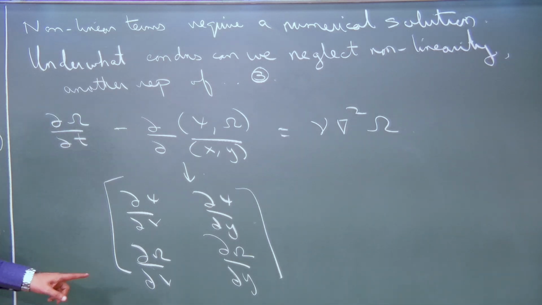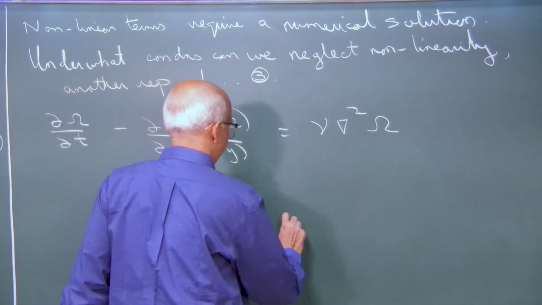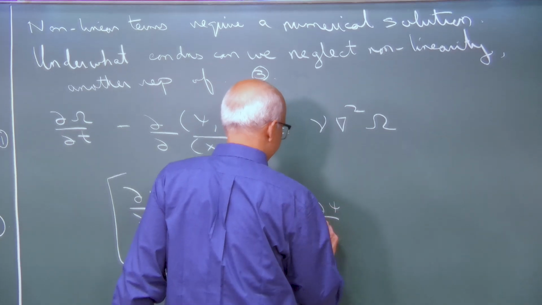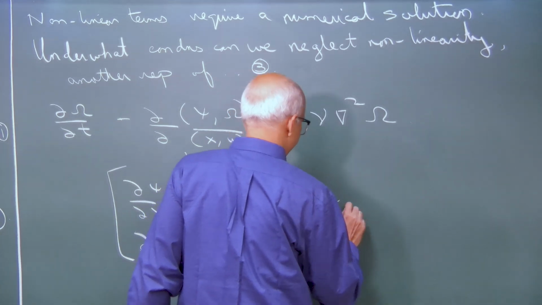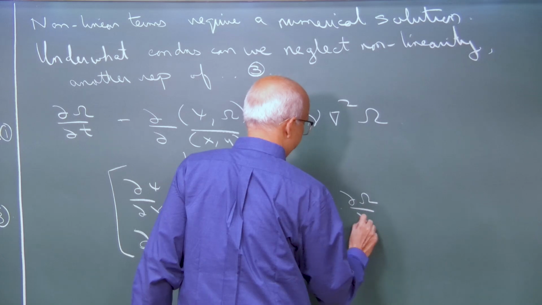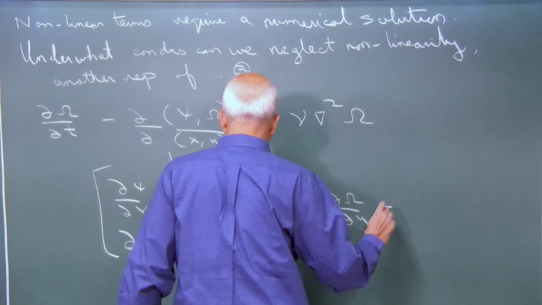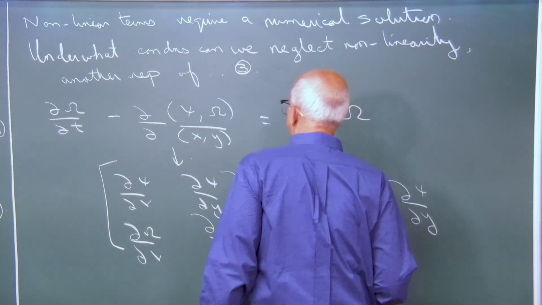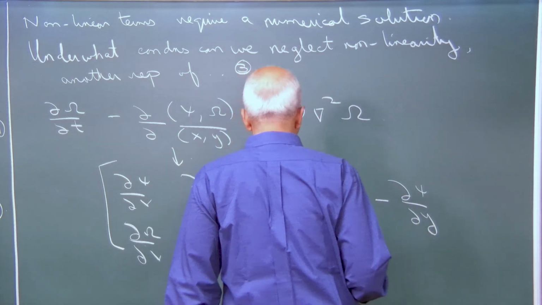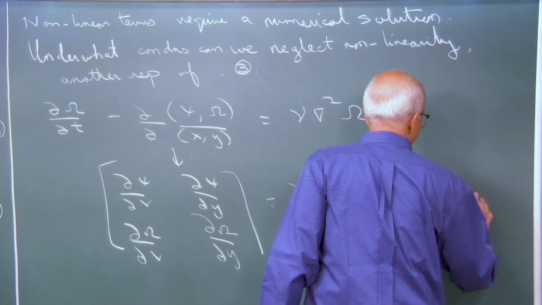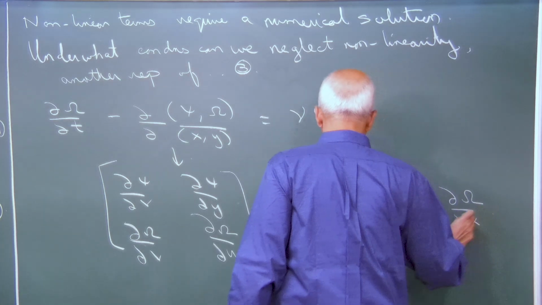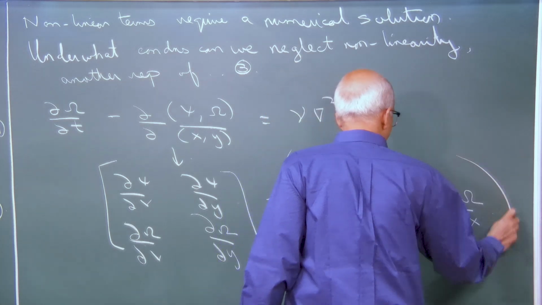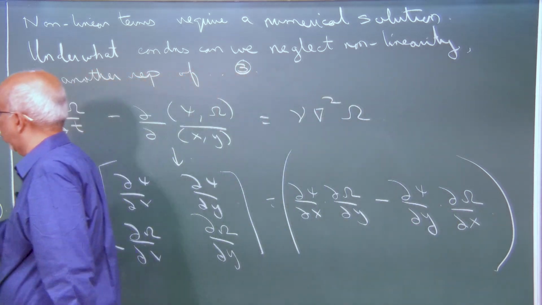The determinant of this is d psi by dx multiplied by d omega by dy minus d psi by dy times d omega by dx. That is exactly what I have here.